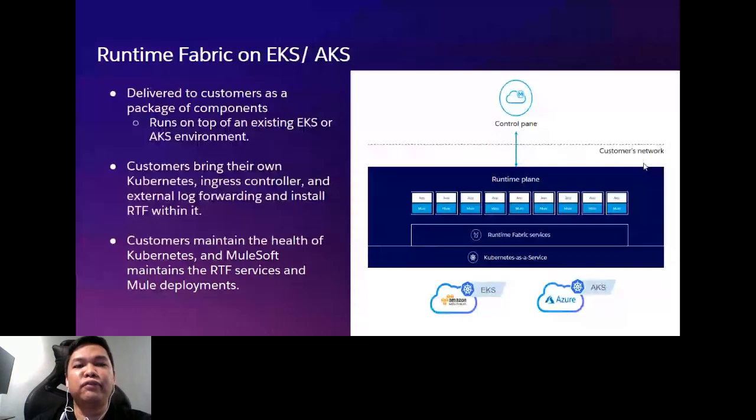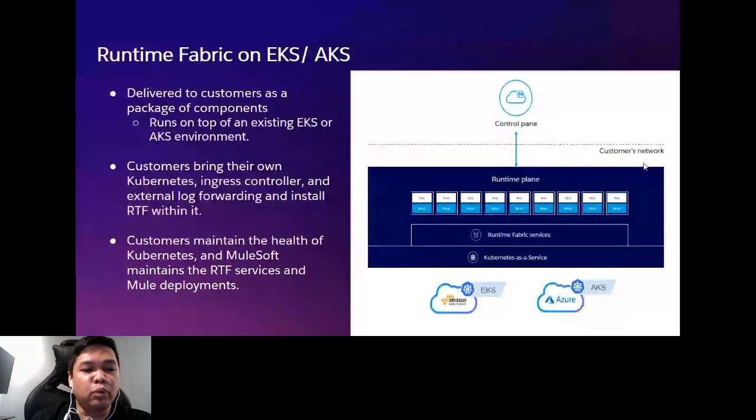Maybe some of you are familiar with this diagram. To give you an idea, on the left side we have Runtime Fabric on appliance, and on the right side we have Runtime Fabric on AKS and EKS. Runtime Fabric on appliance is divided into two parts. We have the controller nodes for our load balancer and agent. The agent maintains the communication to the control plane, which is our endpoint platform.